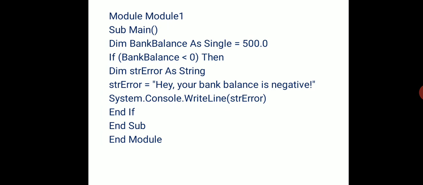So again we are declaring str error as a type string. Okay, and initialize this str error equal to your bank balance is negative, and System.Console.WriteLine str error. So what is this System.Console.WriteLine? It is simply a printf statement.